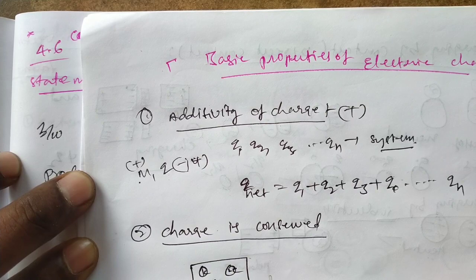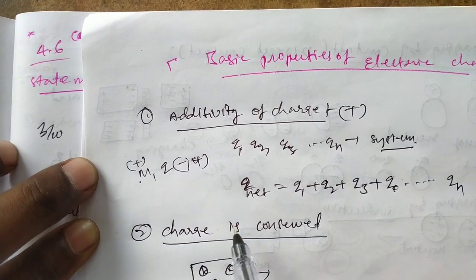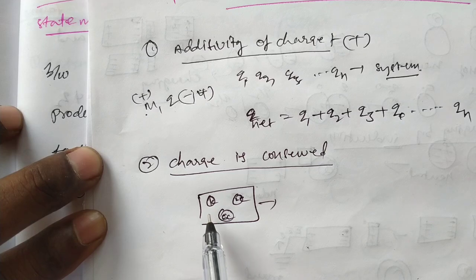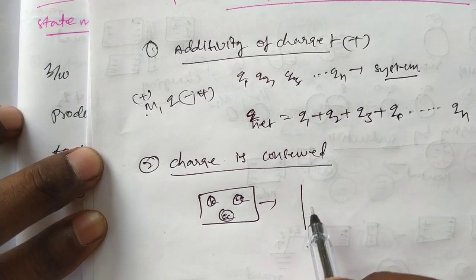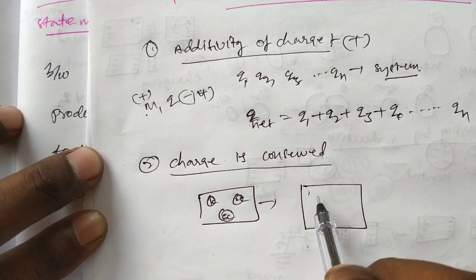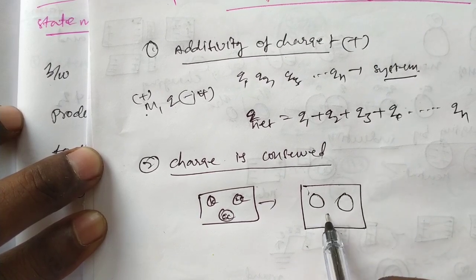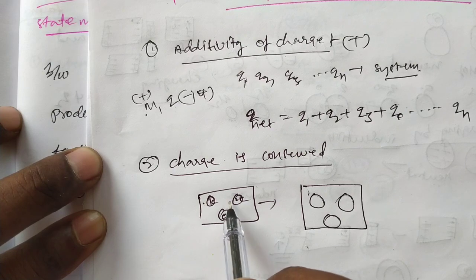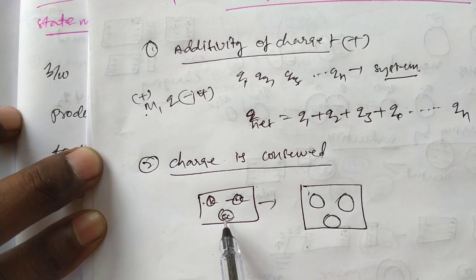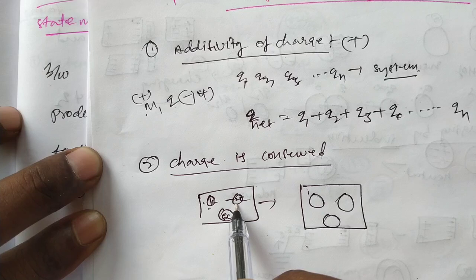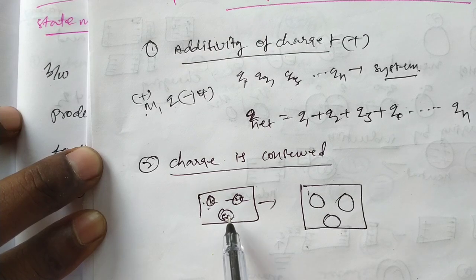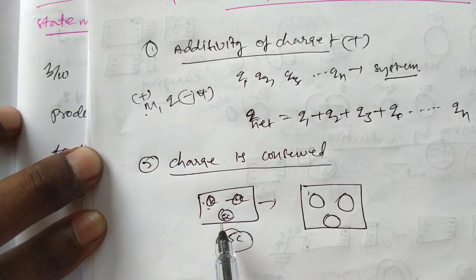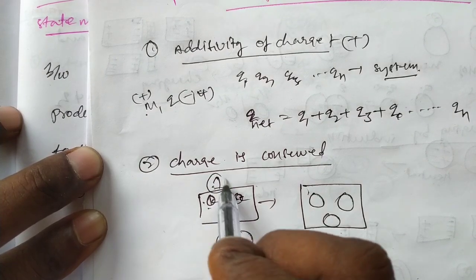If these are shaken or converted into another form, another body also has three charges. The total charge: 6 plus 1 is 7, minus 2 is 5, so plus 5 coulombs is the net charge of the first body.